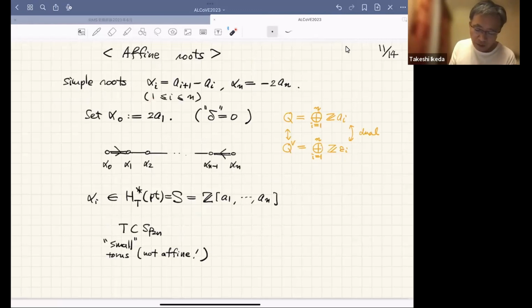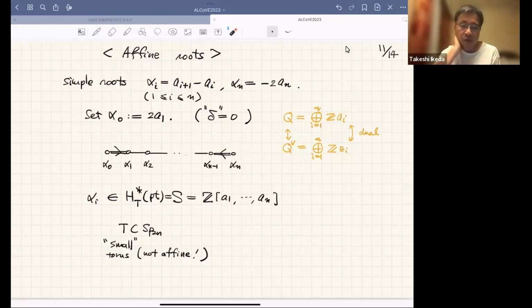And my alpha_0 is 2 times A1. Now I put the null root in the affine roots to be just 0, because we consider that the small torus action is natural. In other words, we consider the level 0 action of the affine Weyl group, associated to this affine Dynkin diagram. So each alpha_i is in our base ring S, right?